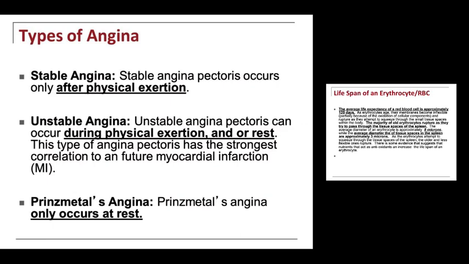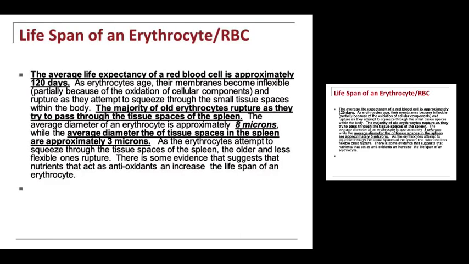The average life expectancy of red blood cells is about 120 days. Think of an individual who becomes 100 or 110 years old. They become less flexible, right? Their body tissues are stiff and rigid, and so do RBCs after 120 days. So they need to be recycled. They need to go to the recycling bin, which is the liver and the spleen.